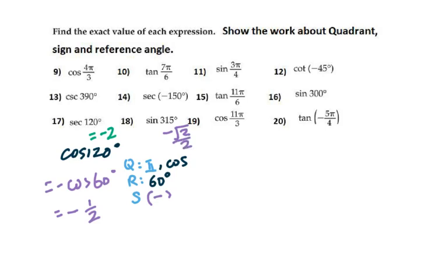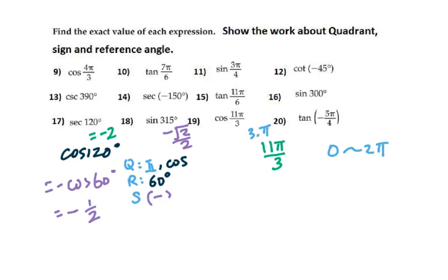Let's go to 19. First of all, 11 pi over 3. We need to figure out its coterminal angle between 0 to 2 pi. Therefore, 11 divided by 3 equals 3 point something pi.